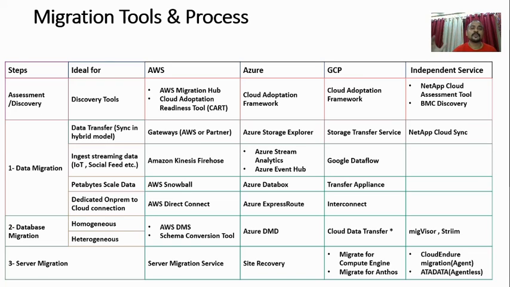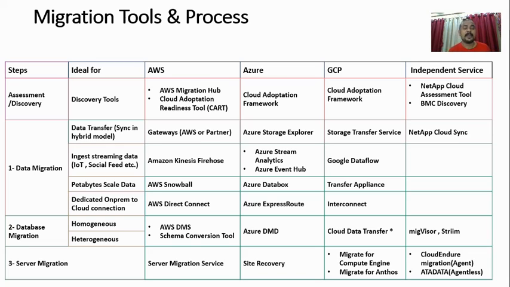AWS, Azure, or Google will send you a physical box. You transfer your data like you transfer to your pen drive, USB drive or external hard drive, and then ship it back to your service provider, AWS or Azure or Google Cloud. They transfer the data into the storage you define, S3 or any other bucket or any place that you want. And it would be faster than doing it over the internet.